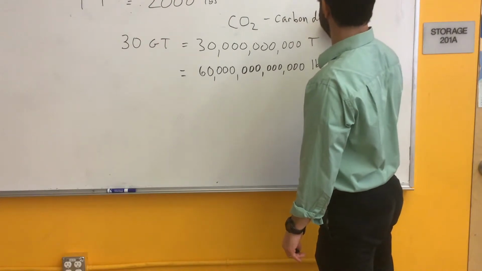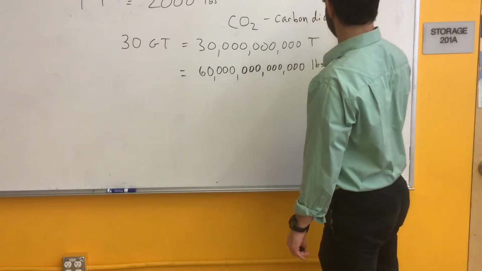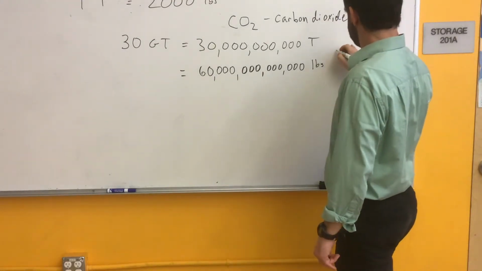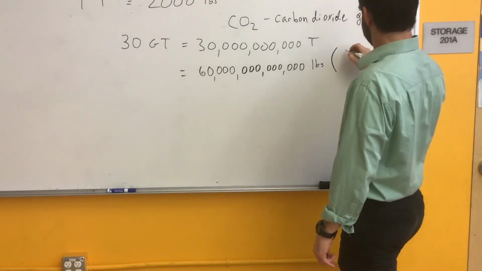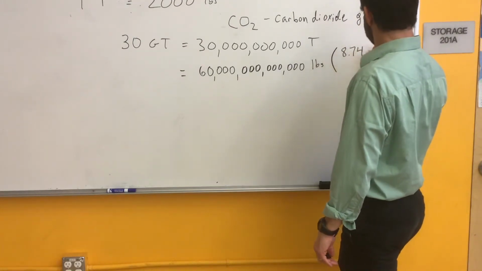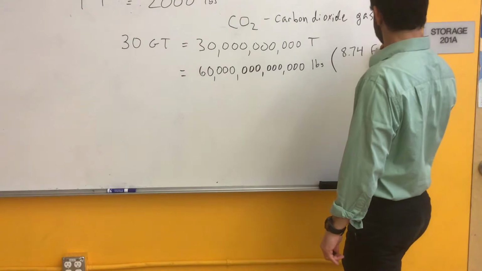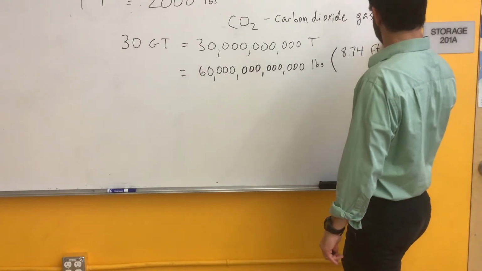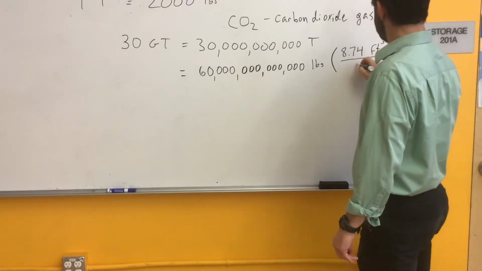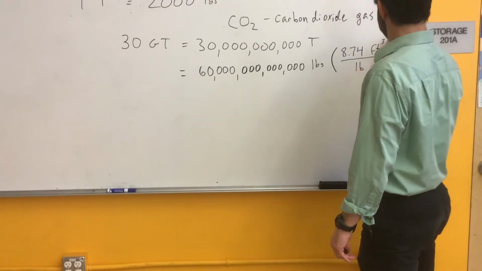We can multiply times the amount of cubic feet, cubic feet, I'll just put ft for foot, a little cubed. 8.74 cubic feet per pound.